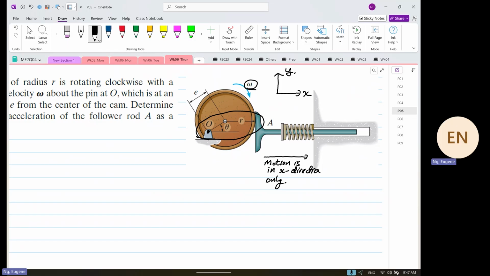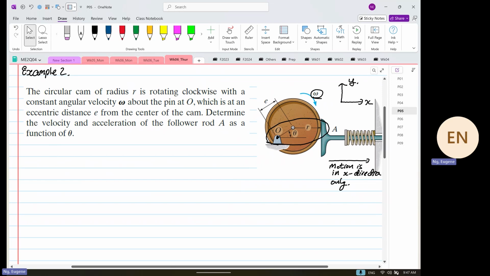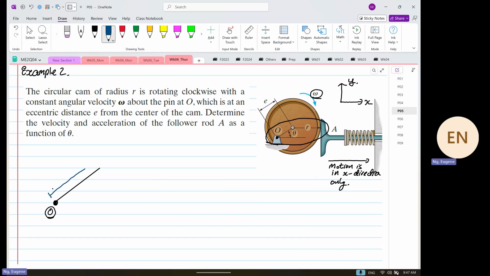So over there, what is given to us tends to help us to do what? Okay. So we know over here, this is our point O. And given to us that the distance from here to here, this distance is our E. Right?